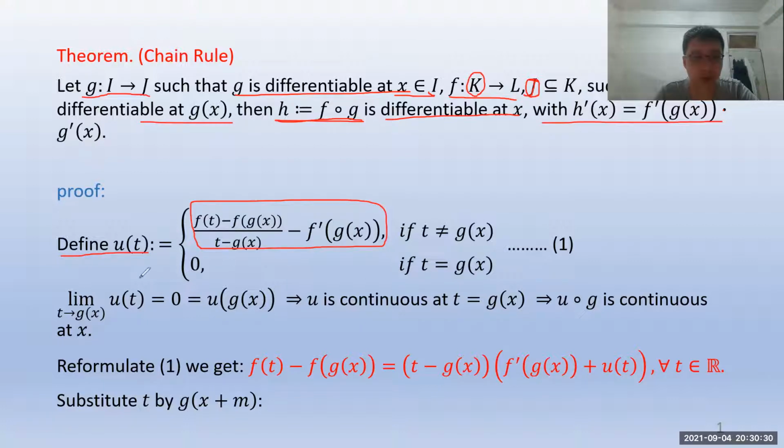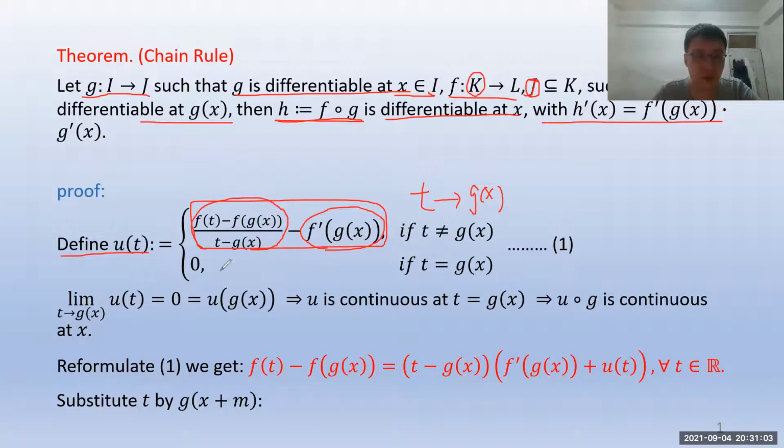The sense of this definition is that when t is not equal to g(x), this term is the slope of the secant line, and this term is the slope of the tangent line. And when t tends to g(x), the slope of the secant line will tend to the slope of the tangent line.